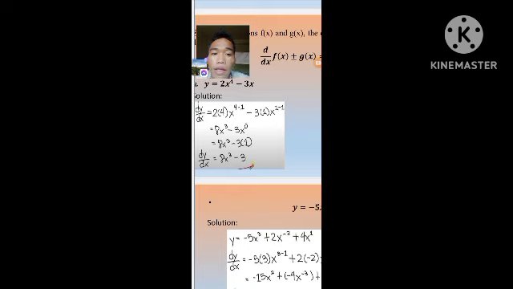But x raised to the power of 0 is equal to 1, so we simplify that to 1. So 8x cubed minus 3 times 1. So we have a total of dy over dx equals 8x cubed minus 3.